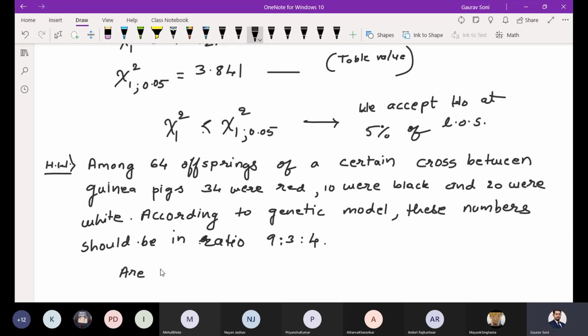Are the data consistent with the model? At 5% level of significance.